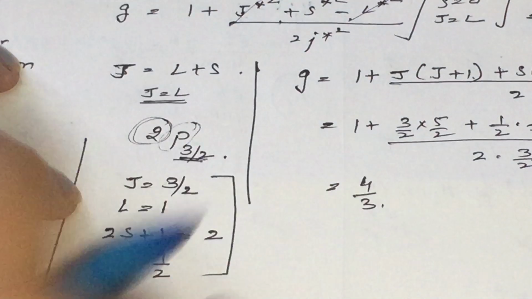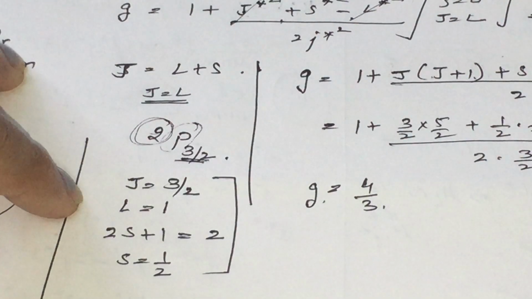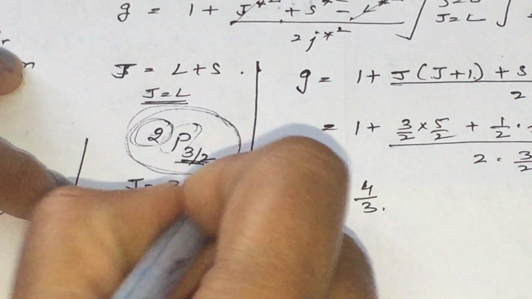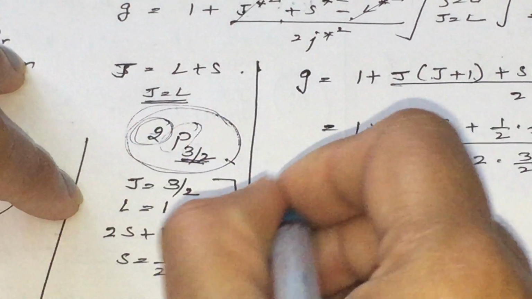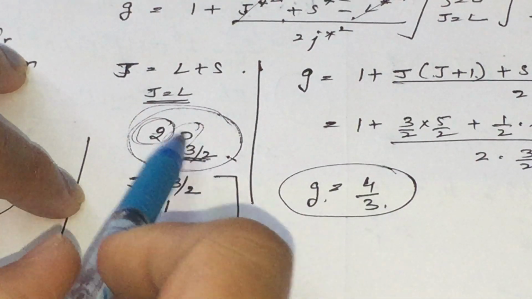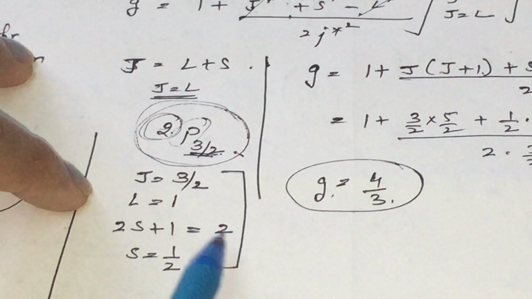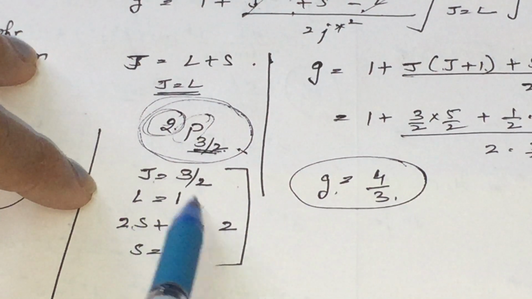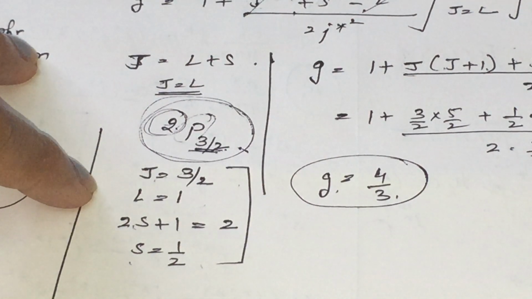And if g is equal to 4/3, it means for the whole energy term, this is constant, because for this energy term the value of J is not going to change, the value of L is constant, the value of S is also constant.